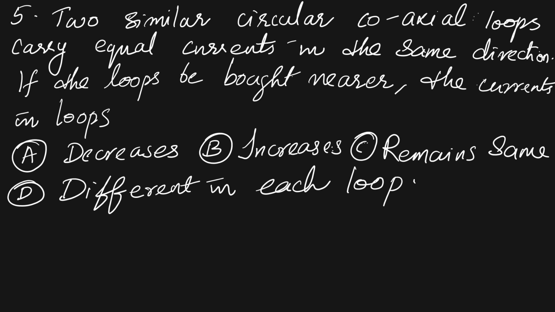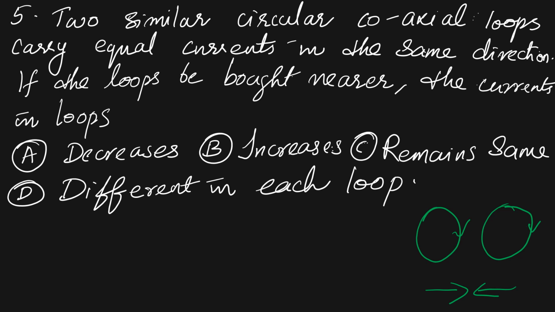Two similar circular coaxial loops carry equal currents in the same direction. If the loops are brought nearer, the currents in the loops? Options are given. In the question, two loops are given and the current is flowing in the same direction. As the loops are brought closer, the magnetic flux linked with them increases.